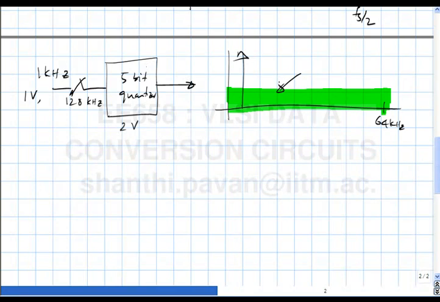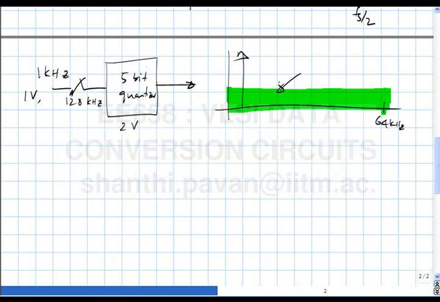If I take the signal power and divide it by the total noise power, which is basically the mean square value of the quantization noise, what will I get? I should get 31.76 dB, 6N plus 1.76.